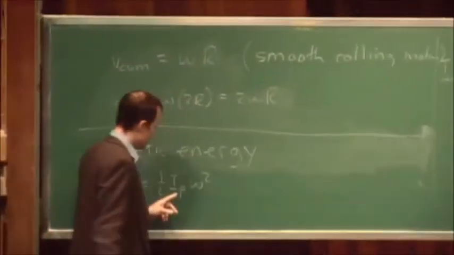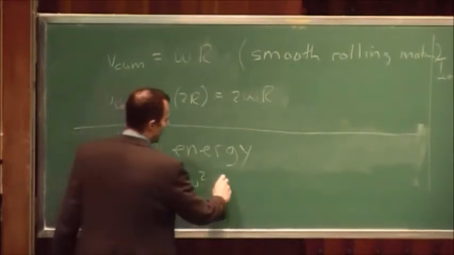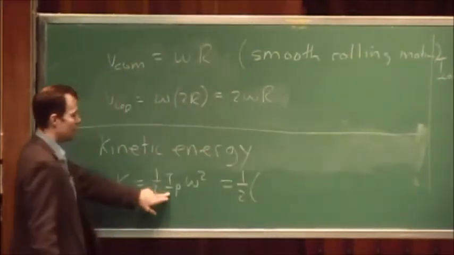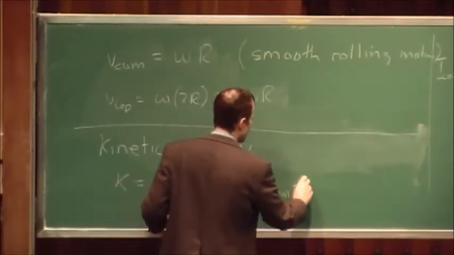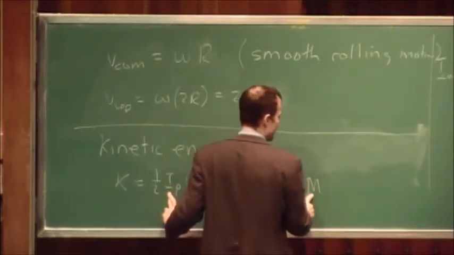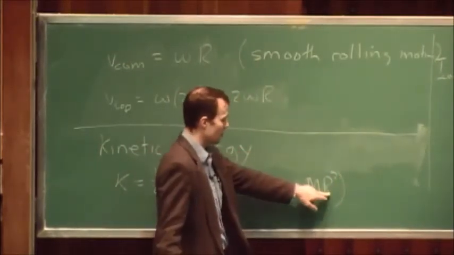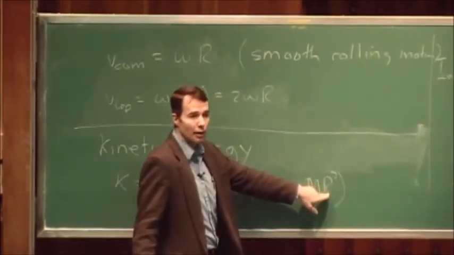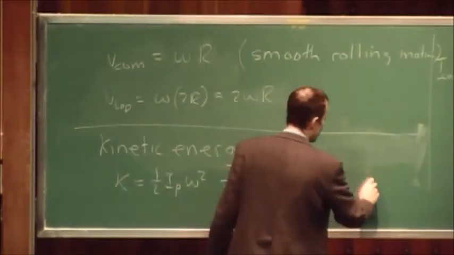So I do know the parallel axis theorem, right? Which means that I can rewrite this in terms of the center of mass plus the mass of the object times the radius squared, since this is the radius that's going to be interacting with the ground, or that is going to be touching the ground, omega squared.